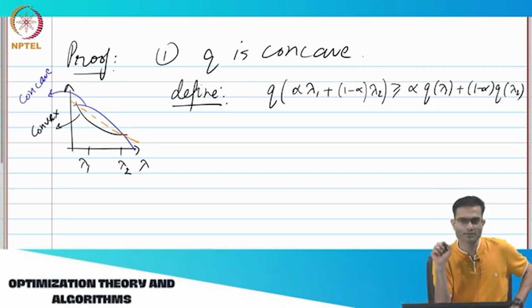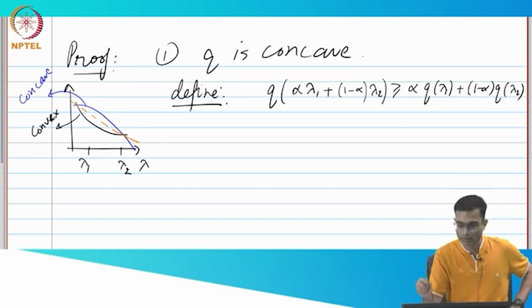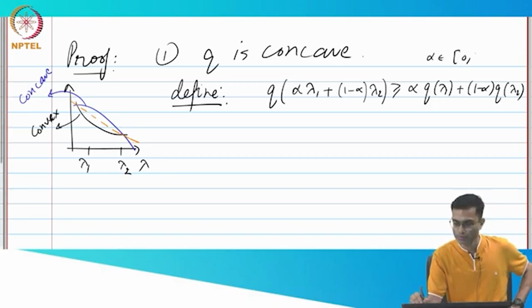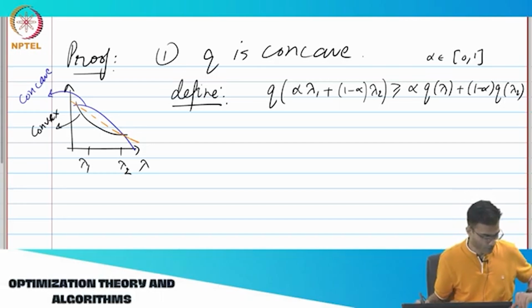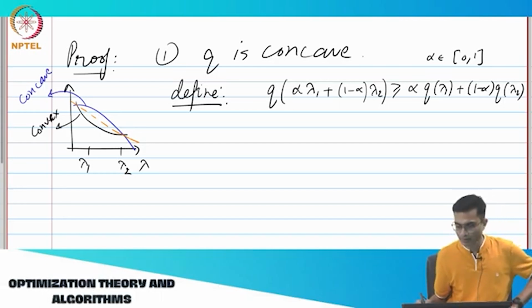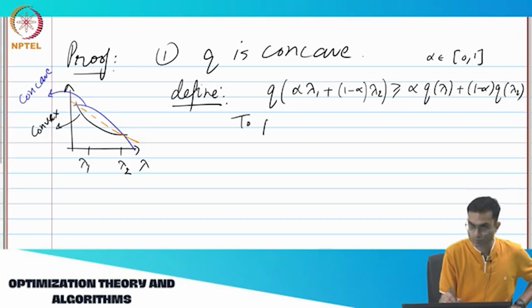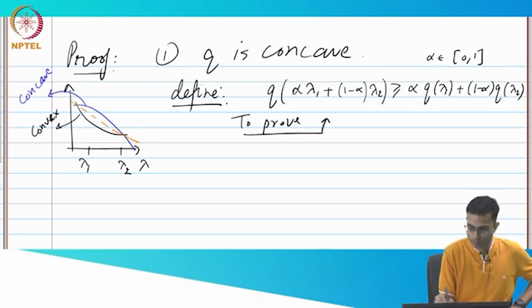And is there any slight something that we are missing? Is there a range on alpha? Right? Alpha belongs to 0 to 1. Okay, this is the definition of a concave function. And this is what we have. So we have to prove this.